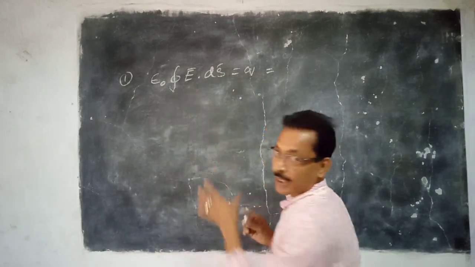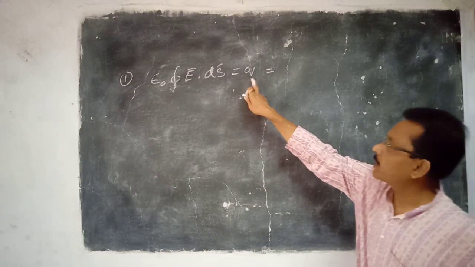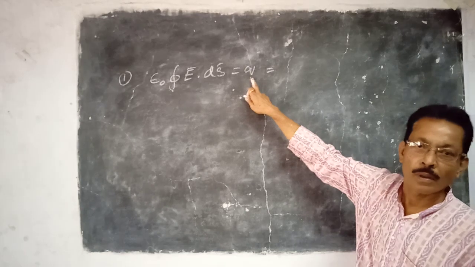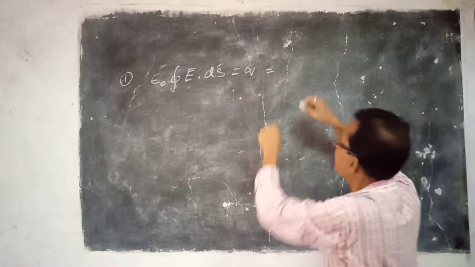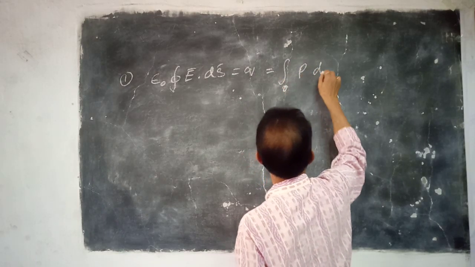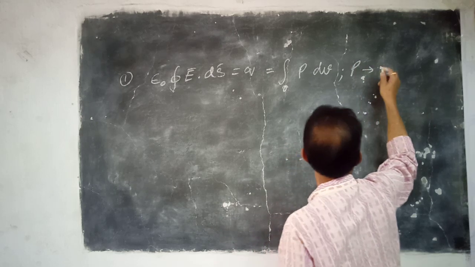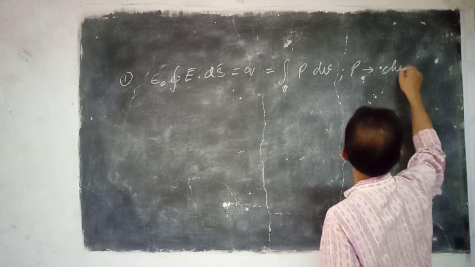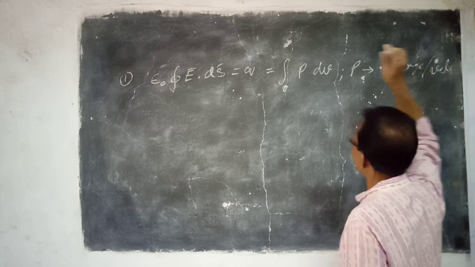It is a closed surface, so it must have some volume, and within that volume the charge is there. Now if rho is the volume charge density, then this total charge may be written as volume integral of rho dv. Here rho is the charge per unit volume.